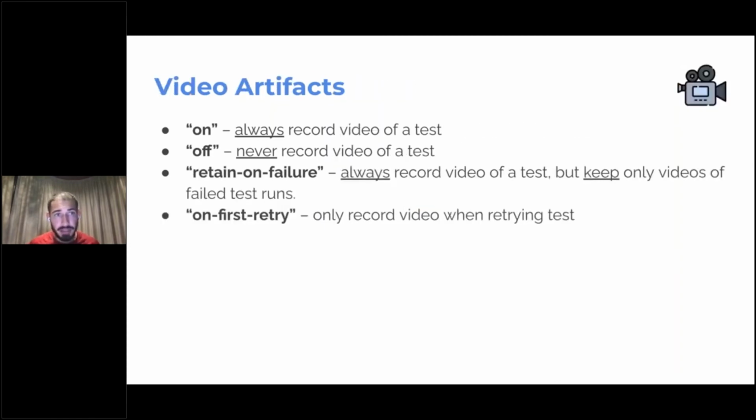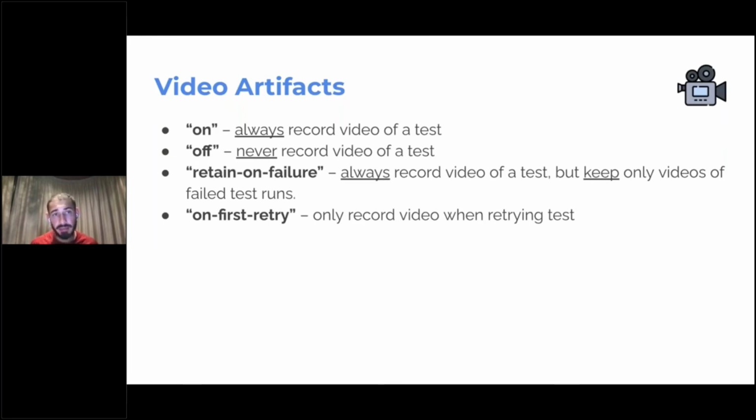Now, video artifacts. Video has on and off, again, like screenshots do. And it also has a fancy retain on failure thing. So retain on failure means we will record videos for all the test runs, but we will remove them later on, keeping only the ones that are for failed tests.